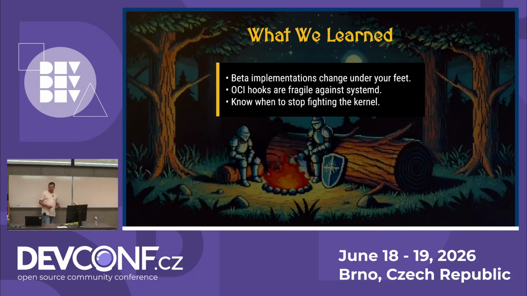Okay, a small recap. What have we learned so far? Relying on beta features can be tricky. Even if you are almost sure that the implementation will not change, you follow the enhancement proposal, and you see that it's almost there from beta to GA, things can change at the last minute. So implementing an orthogonal solution to a Kubernetes feature for fast adoption can be tricky.